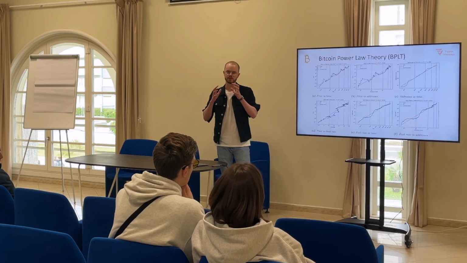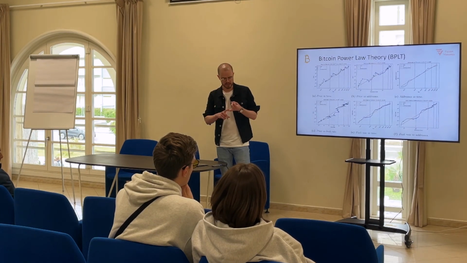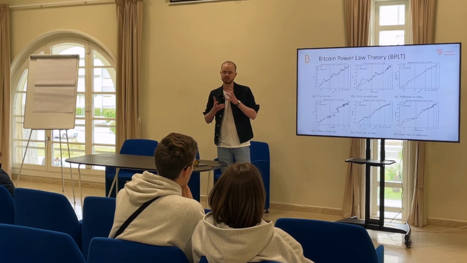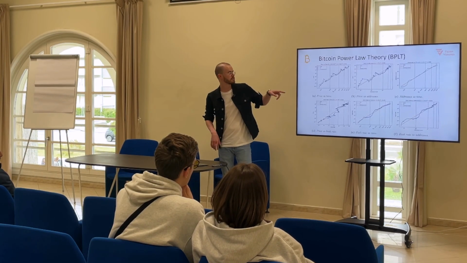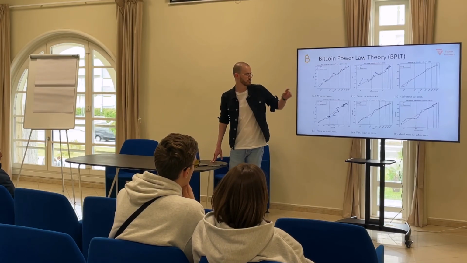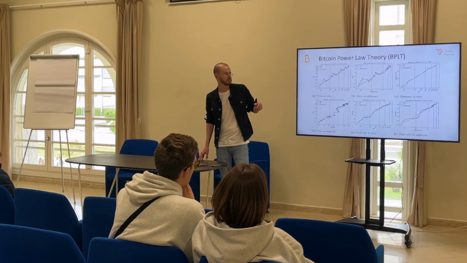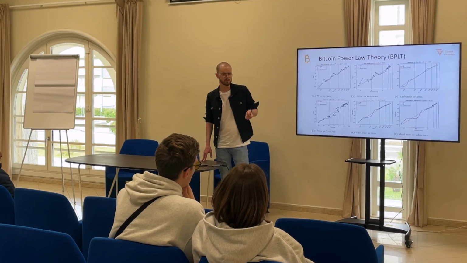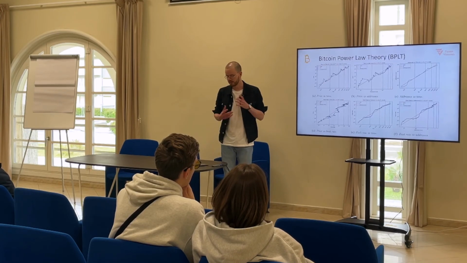And if you plot price, addresses, and hash rate against each other, they also form a power law within each other. And just as a note, the R-squared value for all of those is 95% and above, meaning that it's a very strong statistical fit and explains about 95% of the variance of the data.